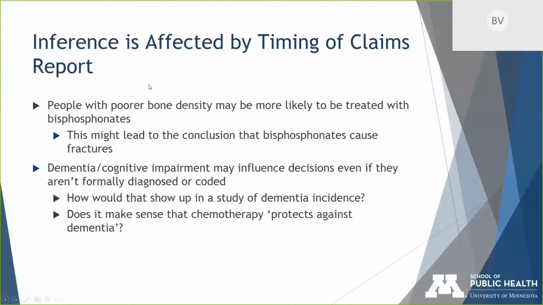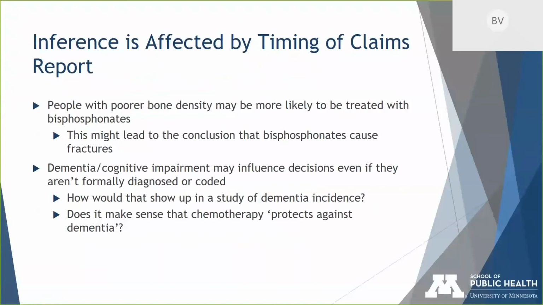And so this is a general inference, as we're looking at using claims to define treatments or outcomes. Inference is really going to be affected by the timing of claims reporting. Because osteoporosis is not well reported, people with poorer bone density may be more likely to be treated with bisphosphonates, but maybe they don't have that diagnosis code.